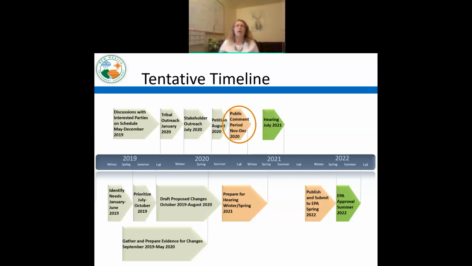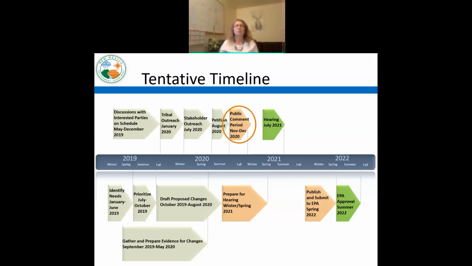Starting with the bottom row, NMAC began working on needs for amendments back in spring, early summer 2019. Once the needs were identified, the prioritization phase we discussed earlier took place between July and October of 2019.